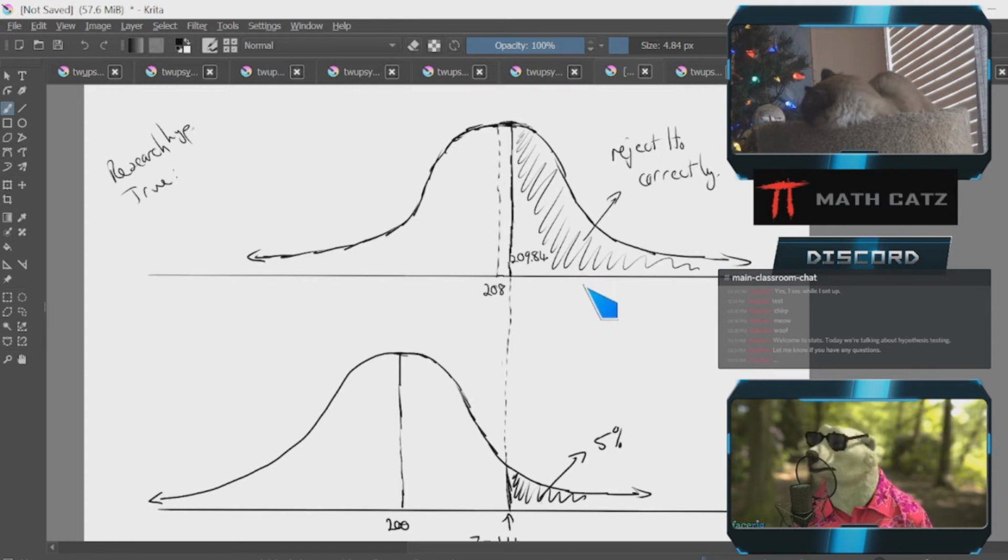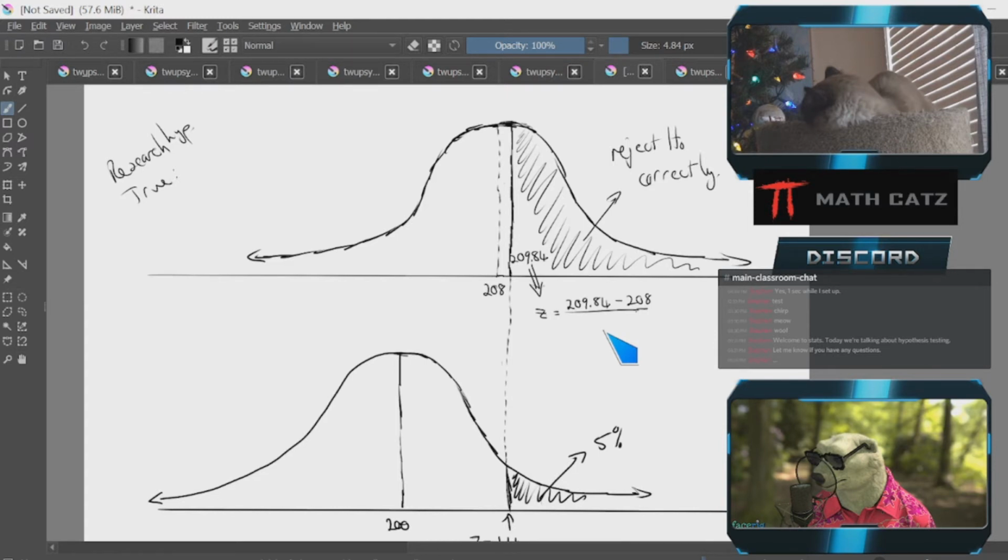So let's see, can we calculate this area, looking it up in the table? For that, we're going to have to convert this 209.84 to its appropriate z-score in this distribution. So the z-score here will be 209.84 minus 208 over the standard deviation of the comparison distribution, which in this case is 6.